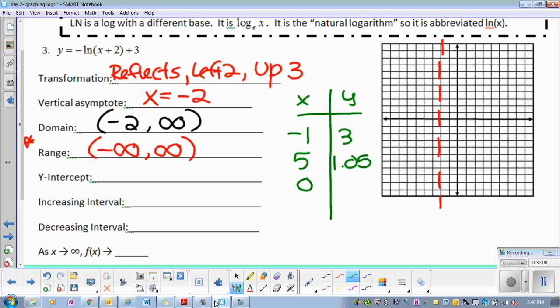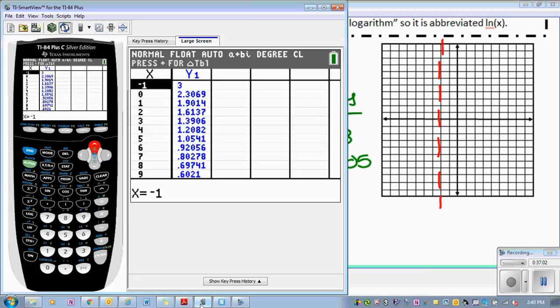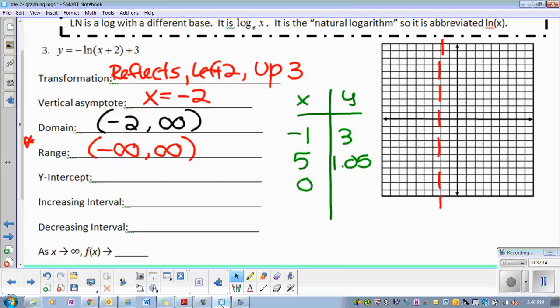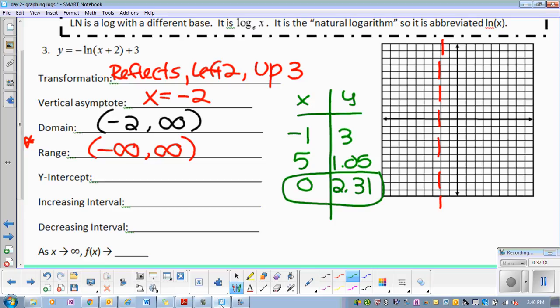Oh, and actually, what is the y-intercept when x equals 0? Okay, but since it's 2.306, can we say 2.31? Okay. 2.31. And I always like to get the y-intercept because they're asking you, right? (0, 2.31).